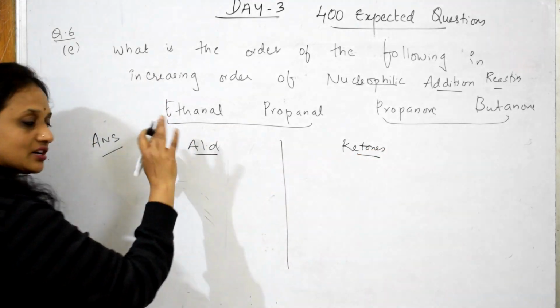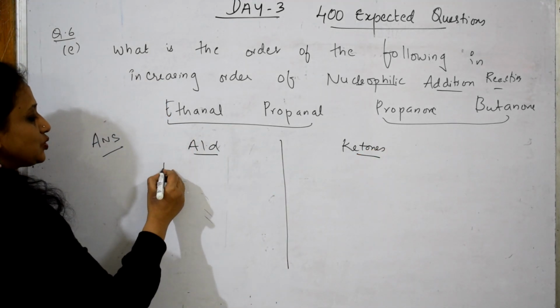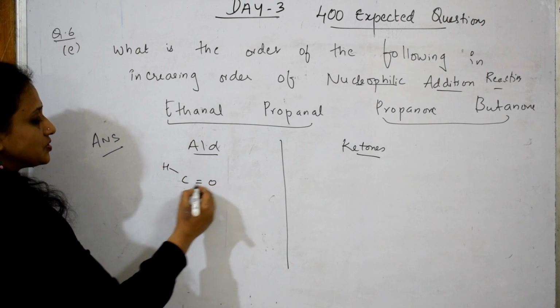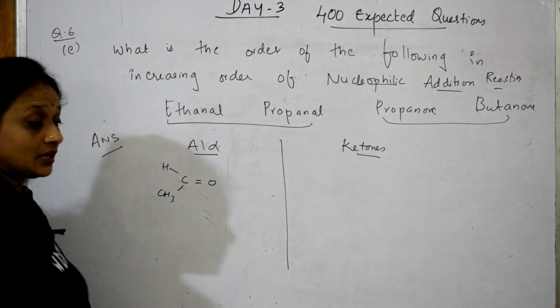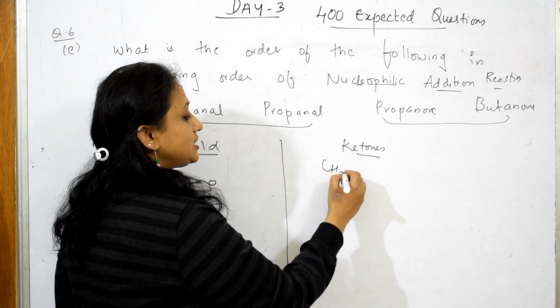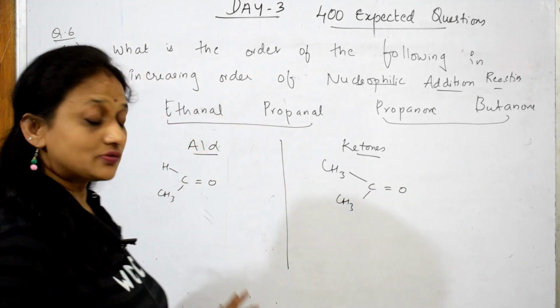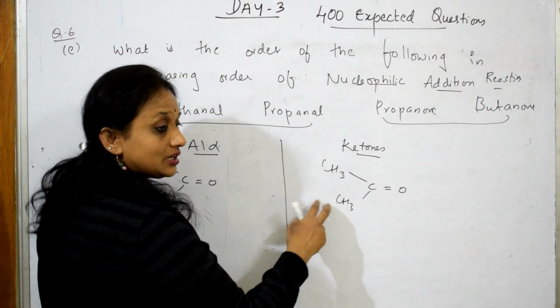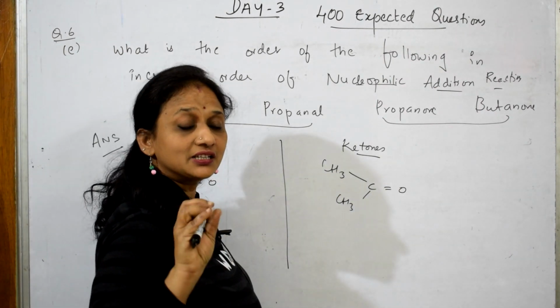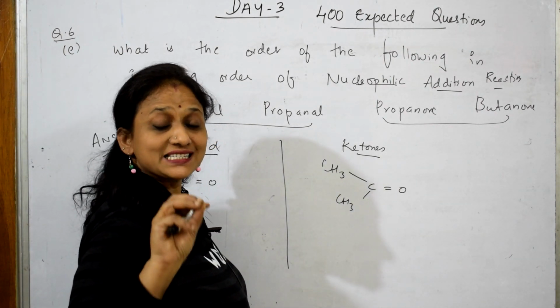Okay. Now, generally, in aldehydes, you have hydrogen, carbon, oxygen and one methyl group. When I write ketones, you have CH3, double bond O, CH3. Now, what is happening, students, here? Here, there is something called plus I effect and there is a lot of steric factor.